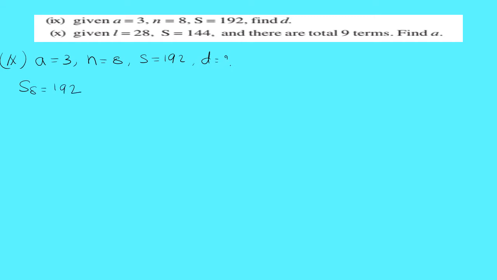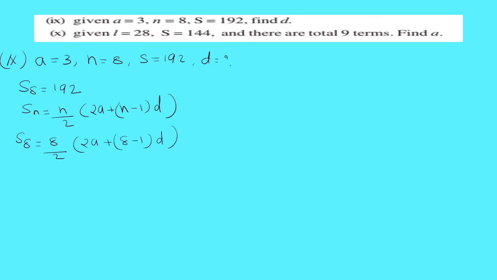And we already know that Sn equal to n upon 2 multiplied by 2a plus n minus 1 multiplied by d. That is S8 equal to 8 upon 2 multiplied by 2a plus 8 minus 1 multiplied by d.